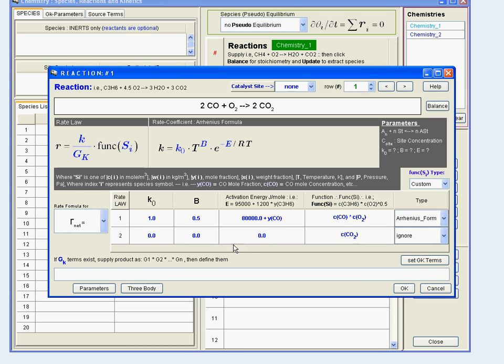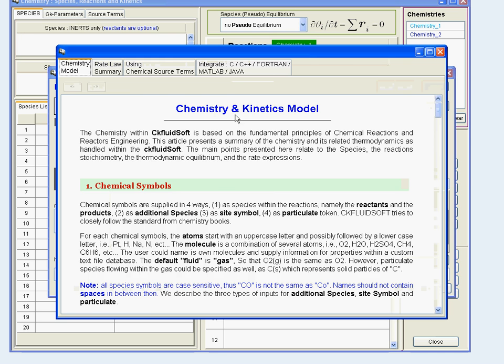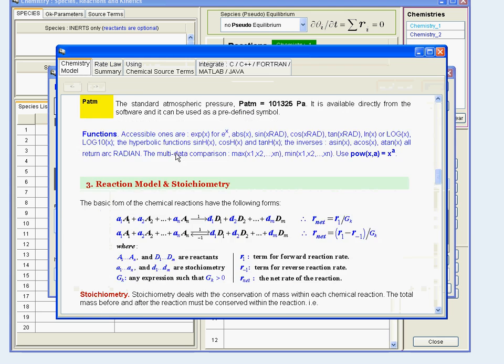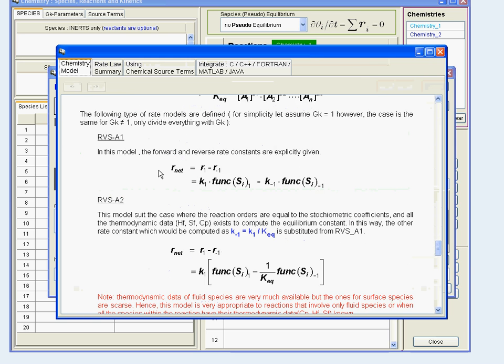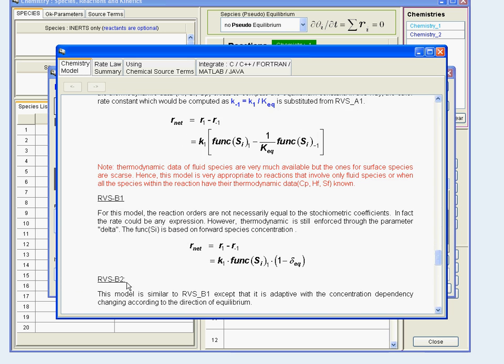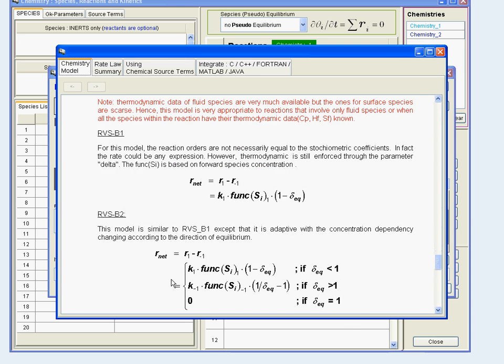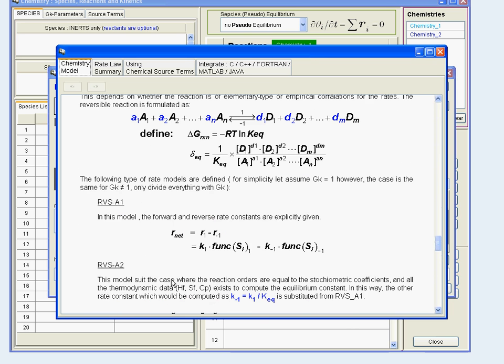So for the meaning of these four types of reversible reactions, we can look in the help section, which describes the four types of reversible rates that one may use. So this is reverse A1, reverse A2, and then B1, and then reverse B2.